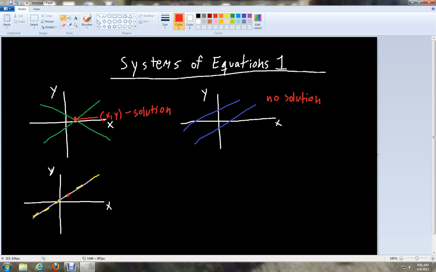But as you can see, there are several points where both lines intersect. Since there are infinitely many points on both of these lines that trace over each other, we can say that this system has infinitely many solutions.